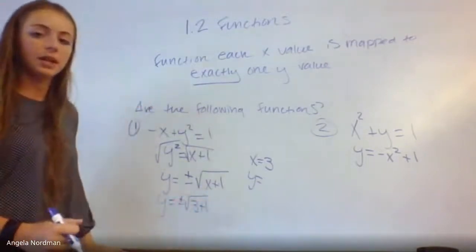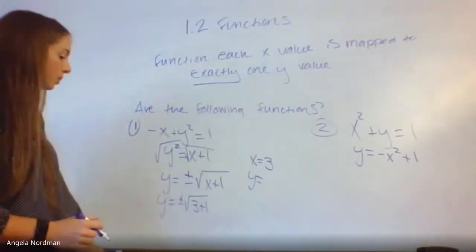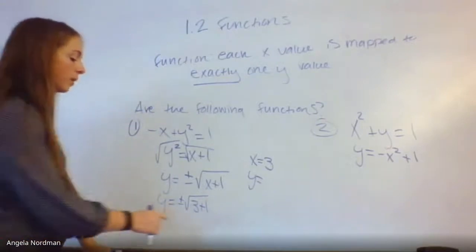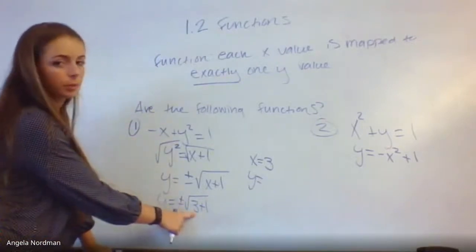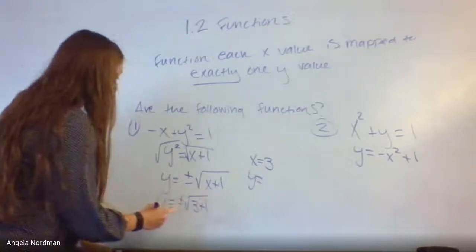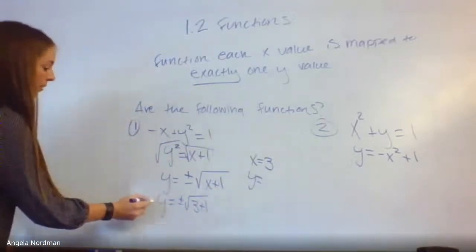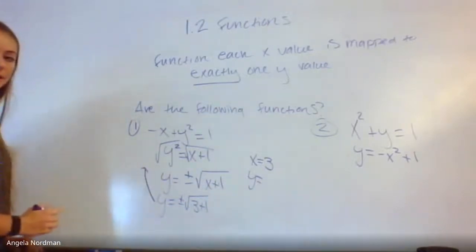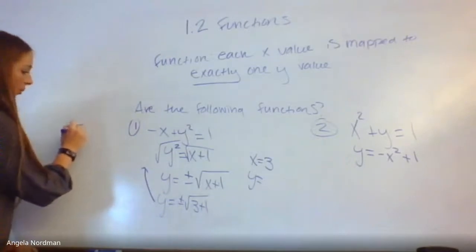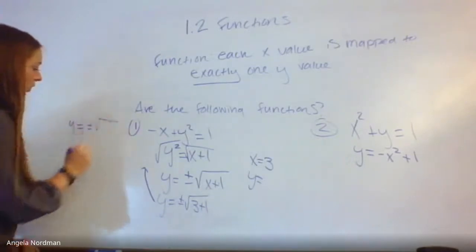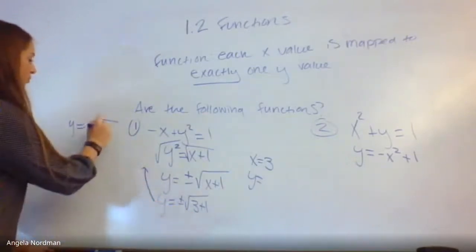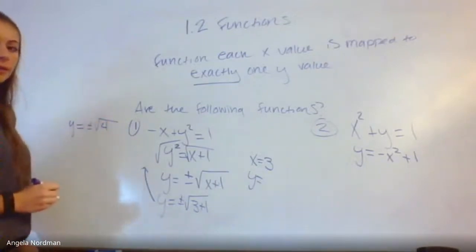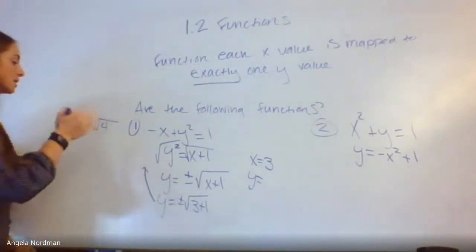Okay, so now I'm getting y equals plus or minus the square root of 3 plus 1. What is 3 plus 1? I'm going to bring this up over here so you can see better. So I'm right now at y equals plus or minus the square root of 3 plus 1. 3 plus 1 is 4, right? So the square root of 4 is 2.